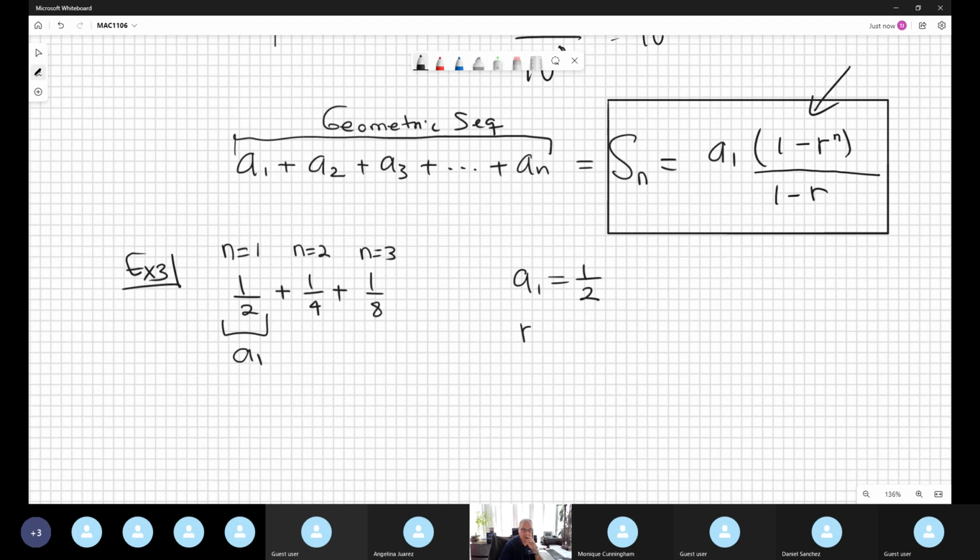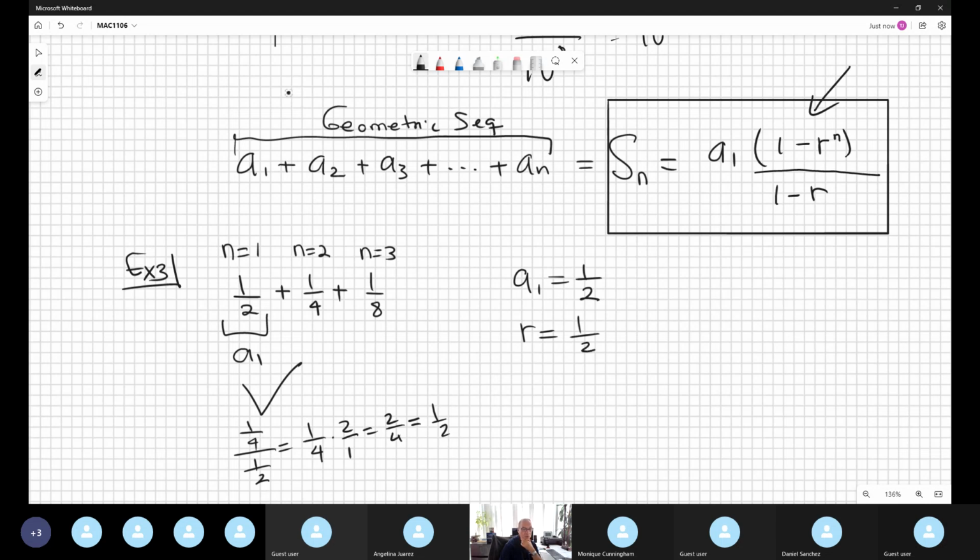The common ratio r: you divide 1/4 by 1/2, which is 1/4 times 2/1, is 2/4. Reduced to lowest terms, it's 1/2 again, a coincidence.